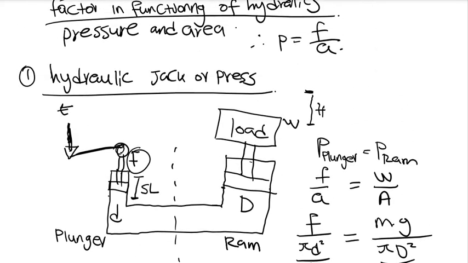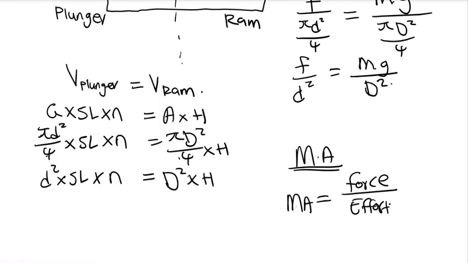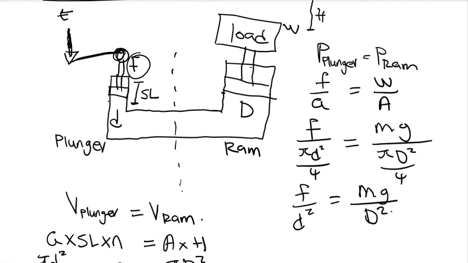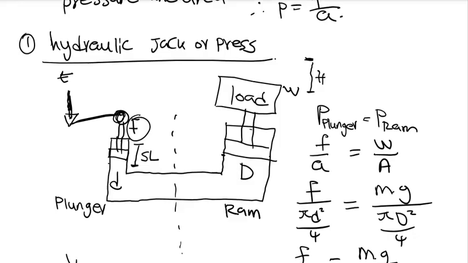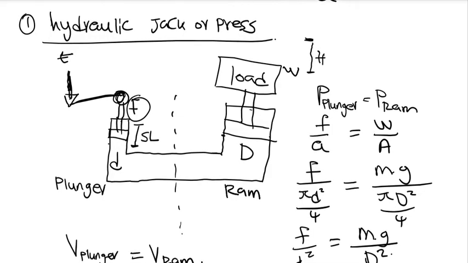So here there's a mechanical advantage, which makes the conversion from effort to the force that we are applying. Okay, so all these formulas that you see over here, we are going to use regarding the question of hydraulic jack and the press. Hope you guys understand that.